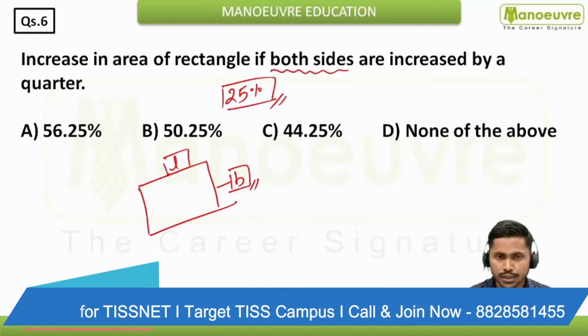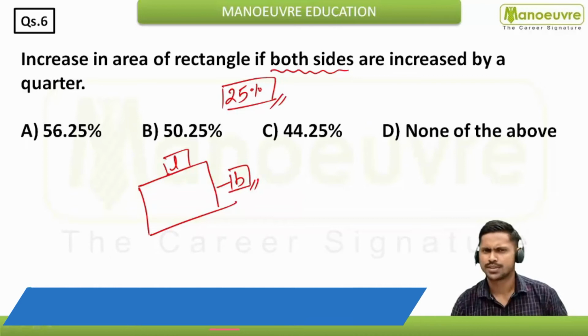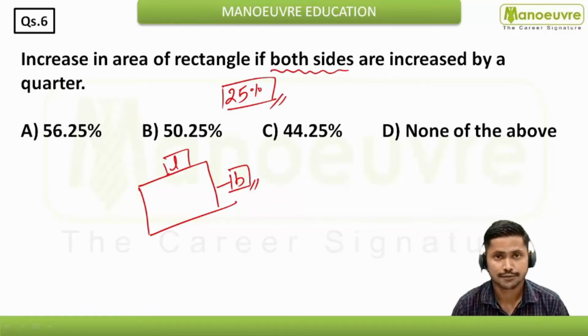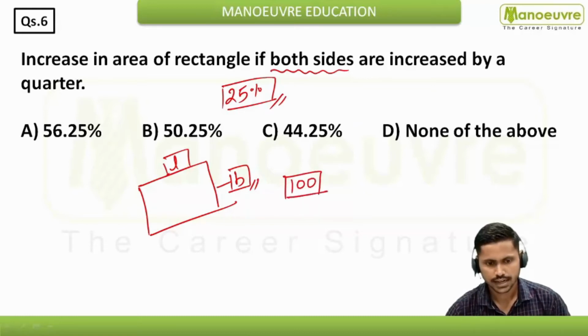What will be the total change in area? How do you find it? By using the successive increase of percentage. Take your initial area as 100. Then what do you have to do? It is increasing by 25%, so just increase by 25%. You will land up on 125.